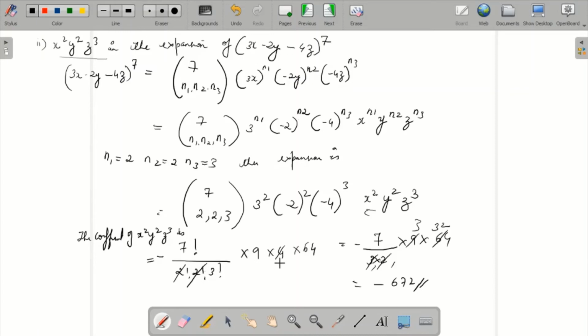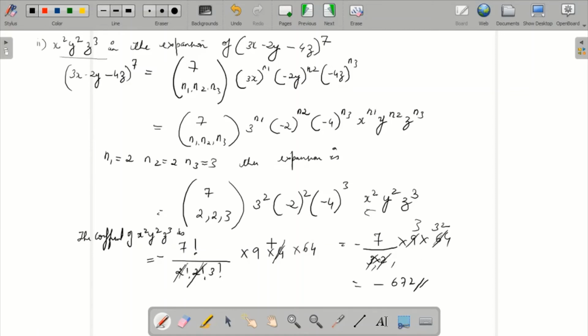So if I solve this again, 7 by 2, and this 2 and this 2 I cancelled with this. So left out was 3 into 2, which is 6. So it is 32. 32 into 3 into 7, so you'll get the answer as minus 672.